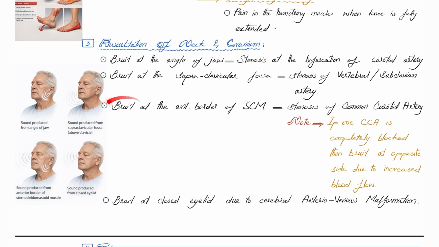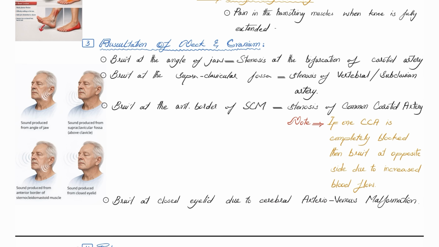If you hear a bruit at the anterior border of sternocleidomastoid, this may point out stenosis of common carotid artery. But if one common carotid artery is completely blocked, then a bruit at the opposite side is due to increased blood flow. If a bruit is heard over the closed eyelid, it can be because of cerebral arteriovenous malformation.